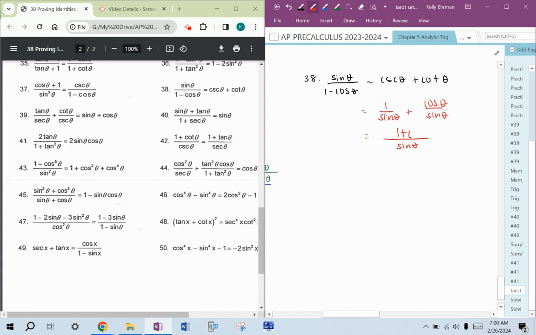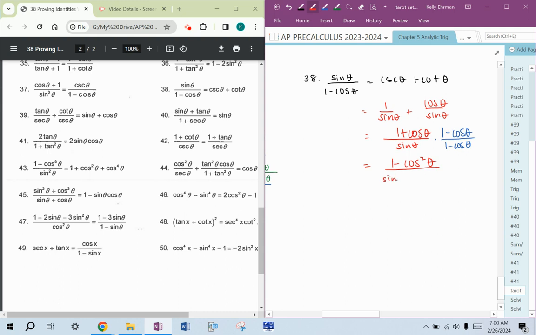But then you get stuck because there are no Pythagorean identities, there's nothing to factor, and everything's already rewritten in terms of sine and cosine. So that's your hint to multiply by the conjugate of 1 plus cosine, which is 1 minus cosine. Conjugates multiply together nicely. That becomes 1 minus cosine squared theta.